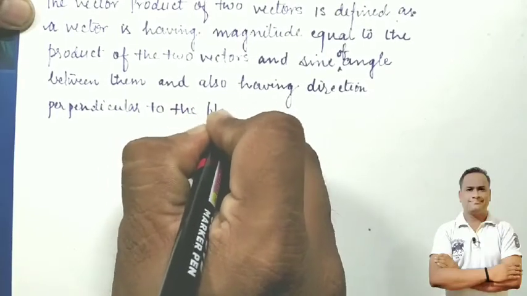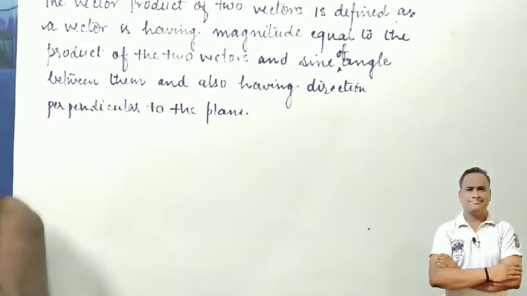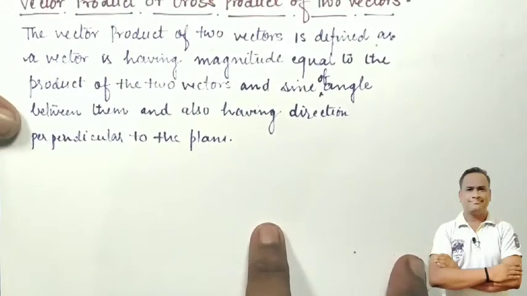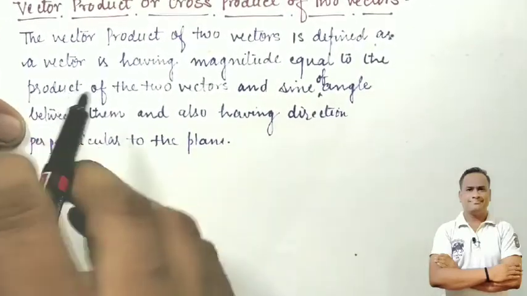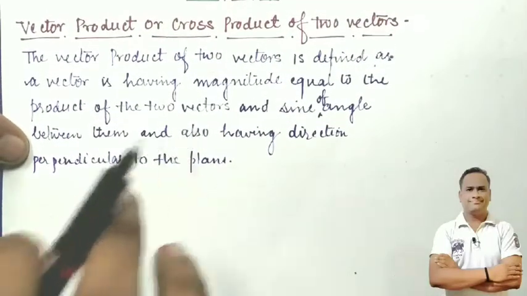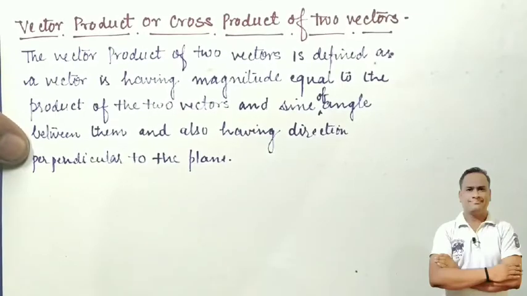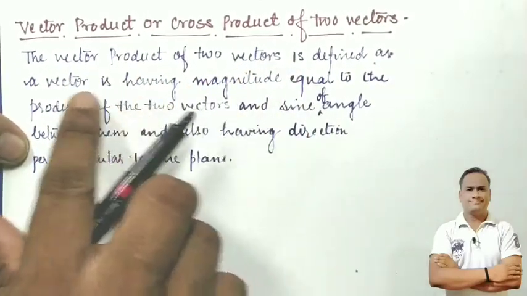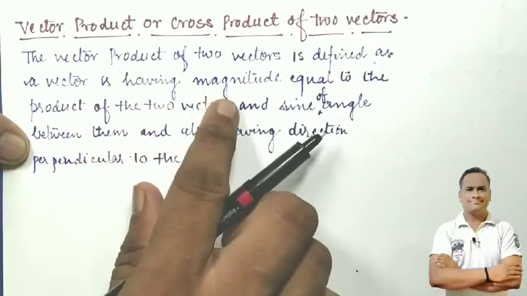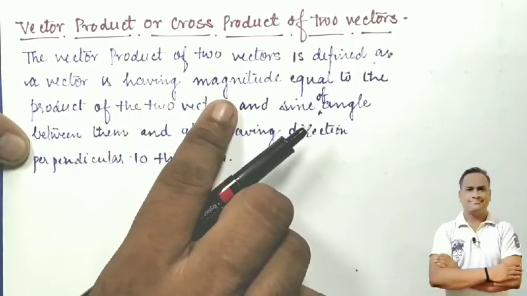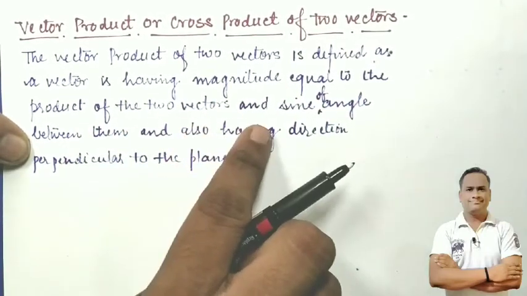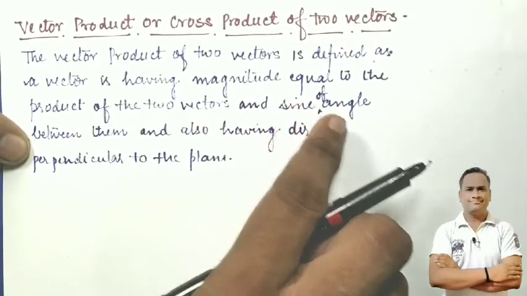Okay students, why we are taking the sine of the angle, one by one we will discuss. As the statement says, the vector product of the two vectors is defined as a vector having magnitude, meaning numeric value, equal to the product of the two vectors and the sine of the angle between them.